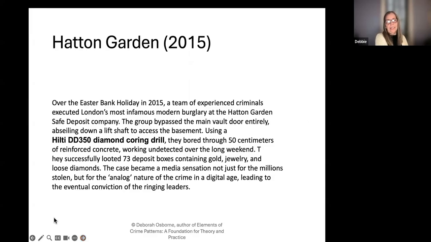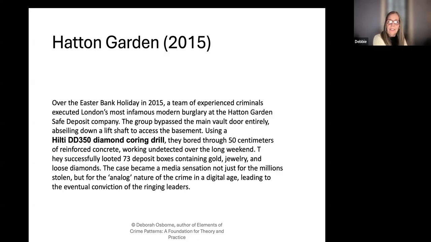So in this landmark case, they say in research, Hatton Garden in the UK, London's most infamous modern burglary, over the Easter bank holiday. They targeted the safe deposit company of Hatton Garden, and they didn't use the door. They went down a lift shaft to access the basement, and used a certain kind of coring drill.